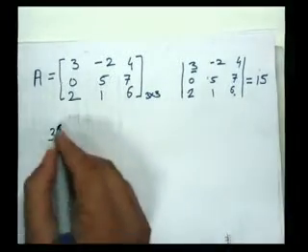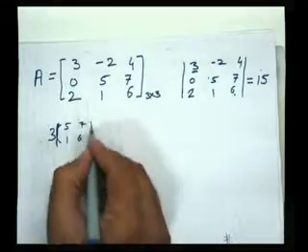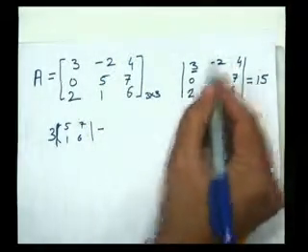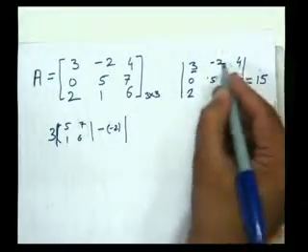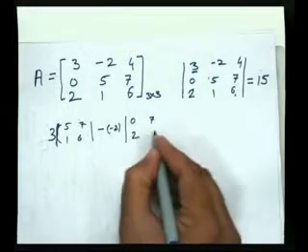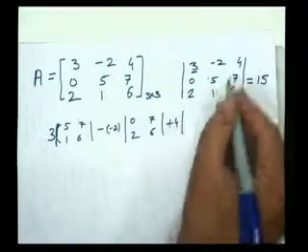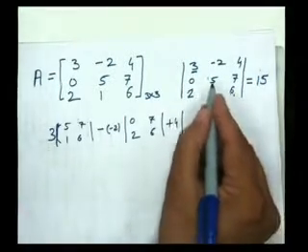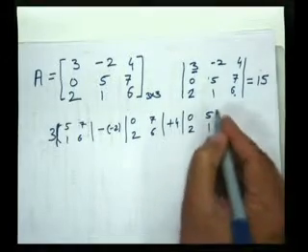So let me write 5 7 1 6, then minus of this value, that is minus 2 into, leave this row and column, 0 7 2 6, plus 4 into 0 5 2 1.